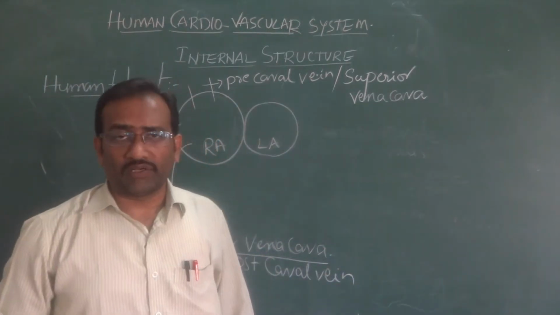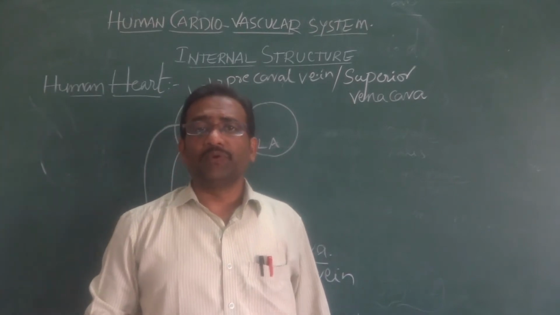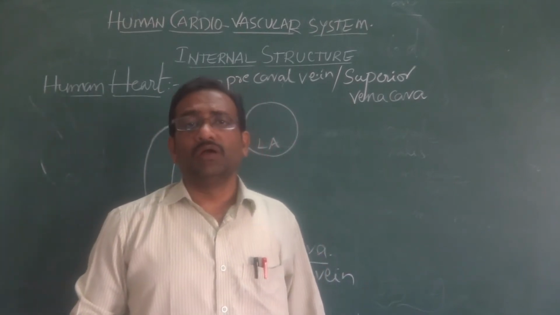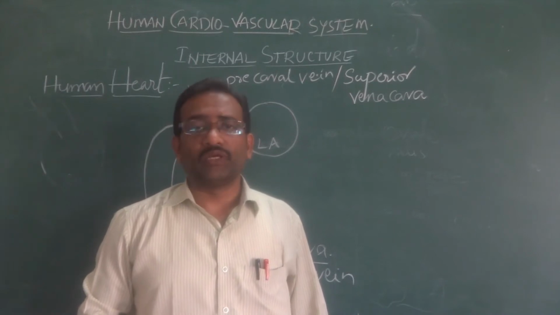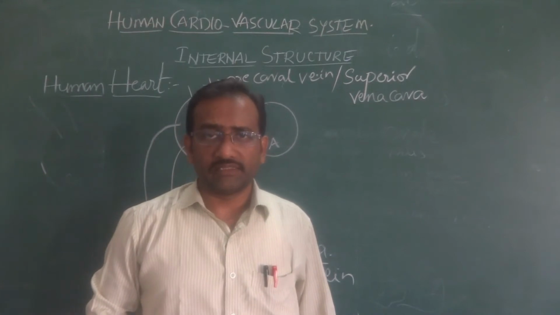The coronary artery supplies the pure blood to the heart. That impure blood from the heart is also received by the right atrium through a separate sinus, called the coronary sinus.